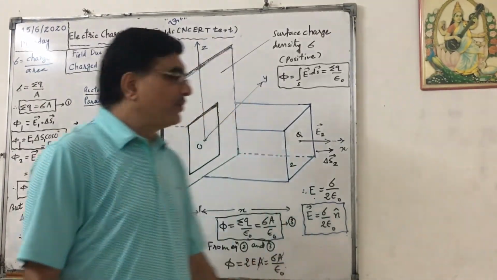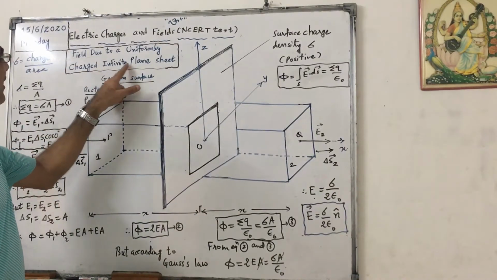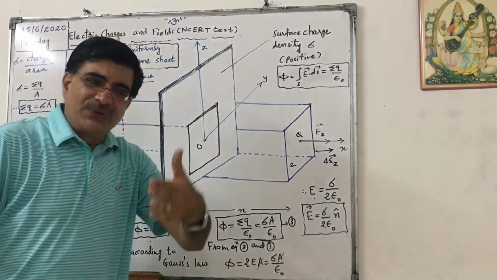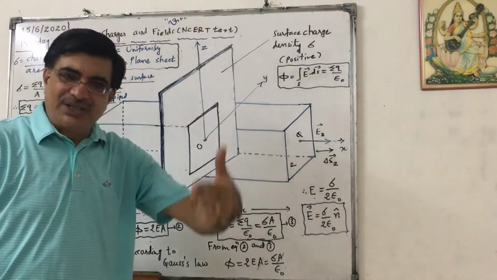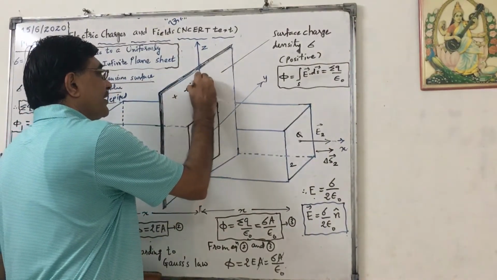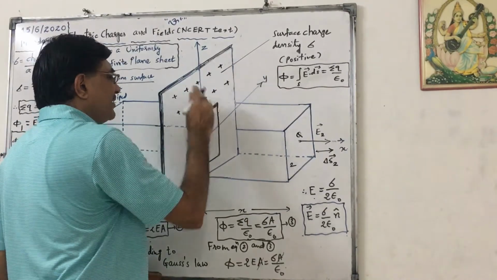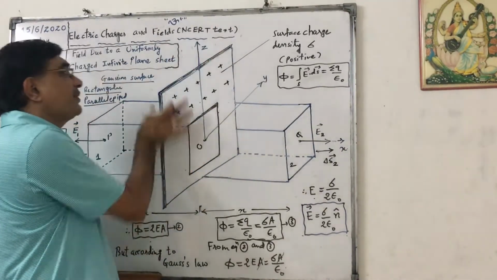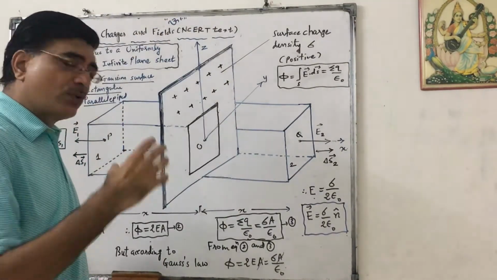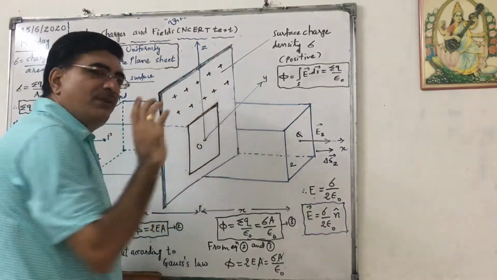This is the infinite plane sheet, and it is positively charged. That we have not drawn, to avoid complication in the figure. This is of infinite area, but we have drawn a small fraction of it.